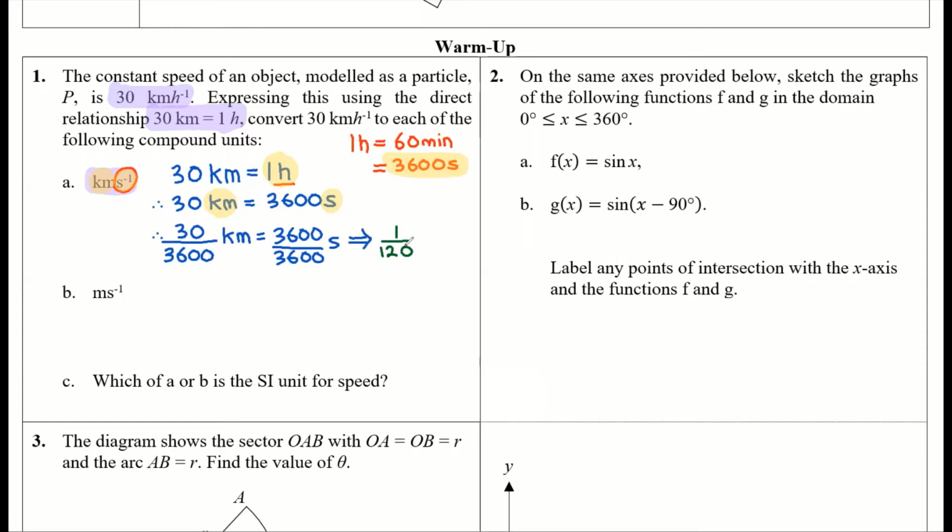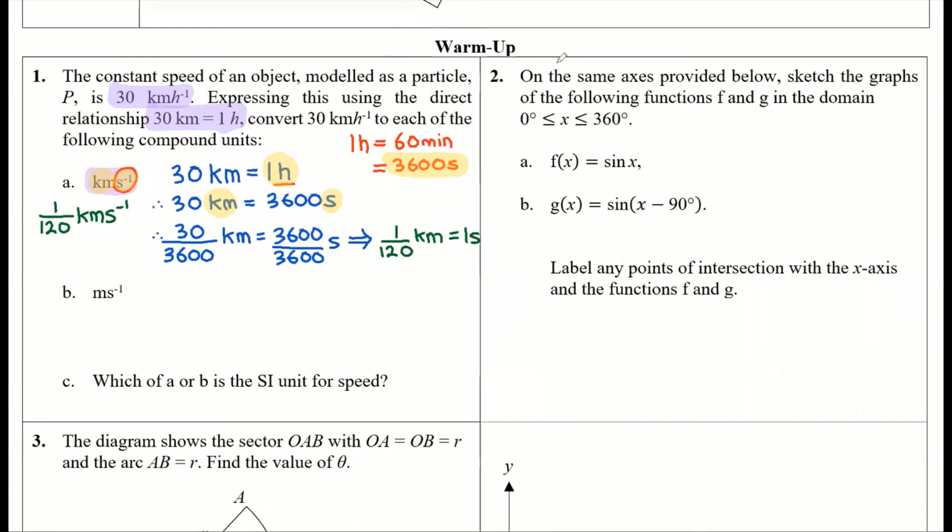I'm just going to keep it as a fraction, equals 1 second. So in other words, the answer is it's 1/120th kilometers per second is the speed. Okay, because every second this object travels 1/120th of a kilometer. And now we can use this answer to work out the next part.